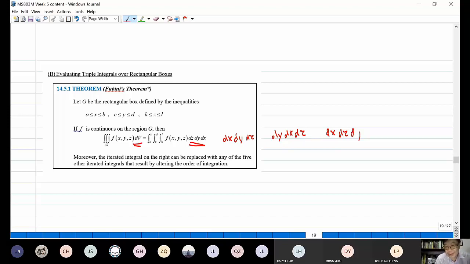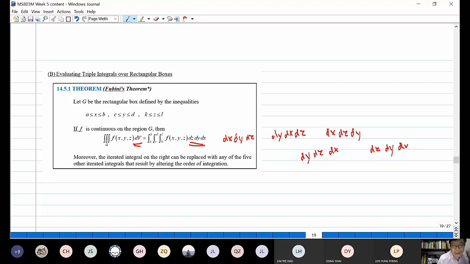You can put dy in front, then dy, dz, dx. Finally I just want to get dz in front, dz, dy, dx. So these are all the 6 possibilities. This is the order of integration.